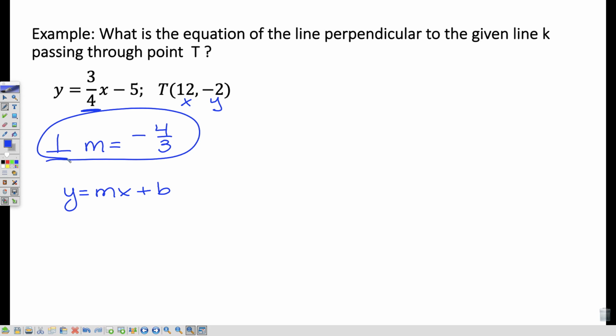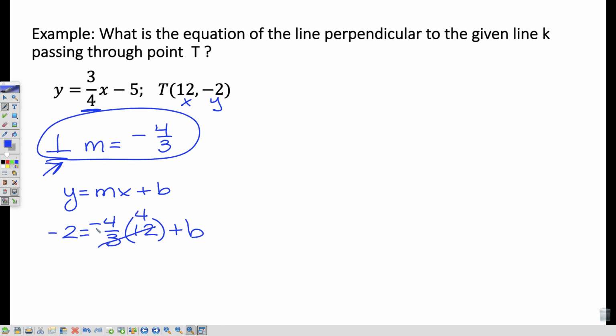Okay, so what's y? y is -2. What is m? The perpendicular one: -4 over 3. What's x? x is positive 12. So -2 equals -4/3 times 12 plus b. So 3 goes into 12 how many times? 4.